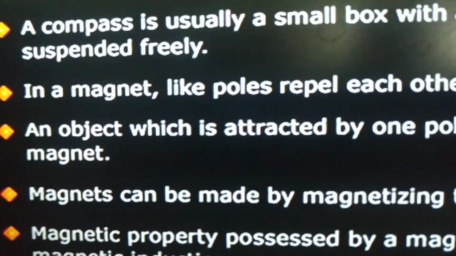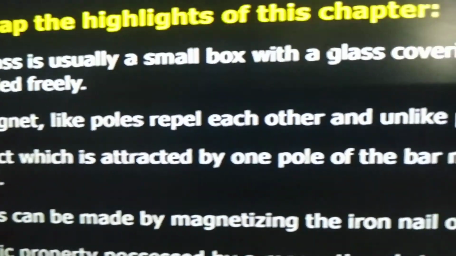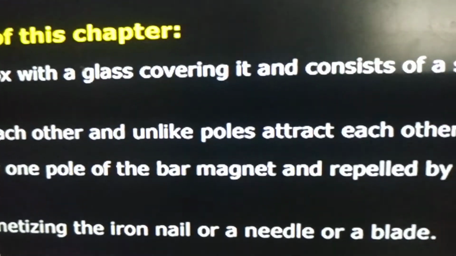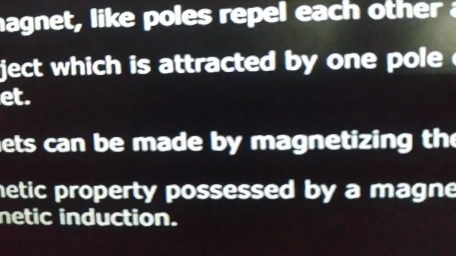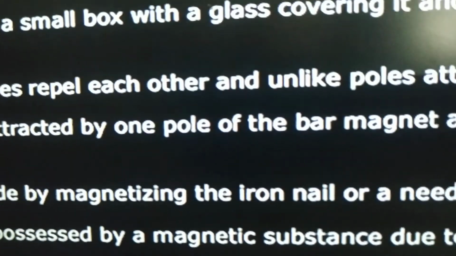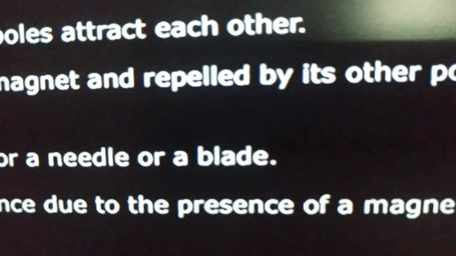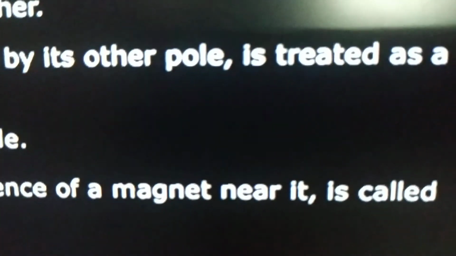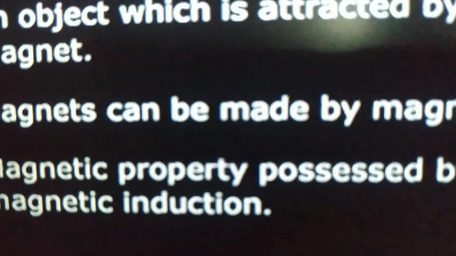Magnets can be made by magnetizing an iron nail, a needle or a blade. The magnetic property possessed by a magnetic substance due to the presence of a magnet near it is called magnetic induction.